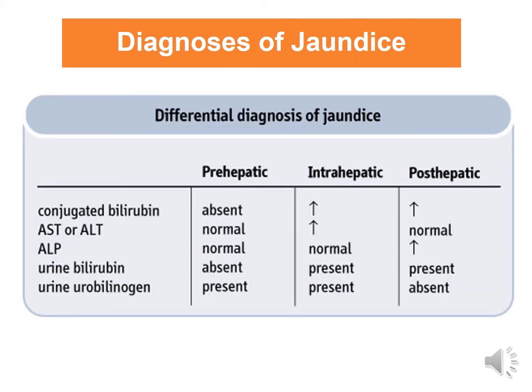To make a diagnosis of jaundice, we have to measure the concentration of conjugated bilirubin, urine bilirubin, and urine urobilinogen, and also the activity of transaminases, aspartate or alanine transaminases, and alkaline phosphatase.